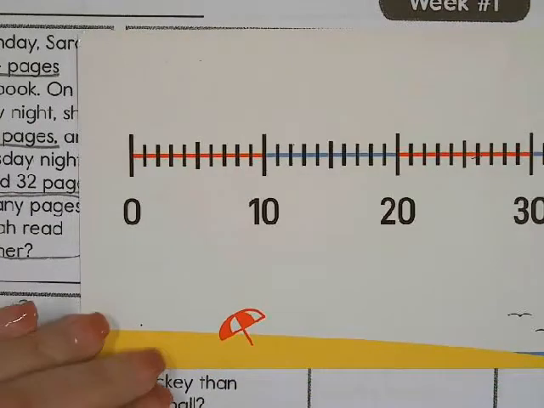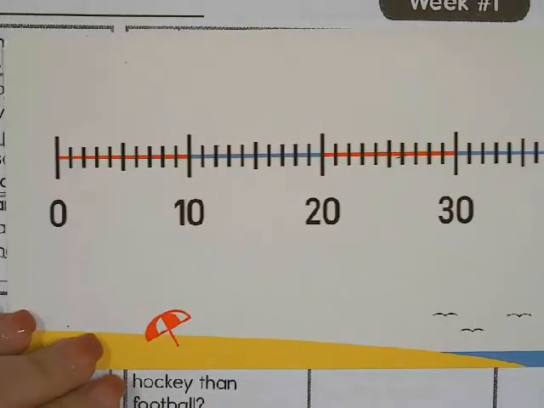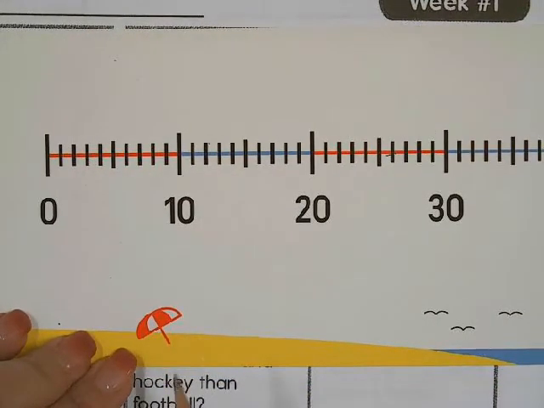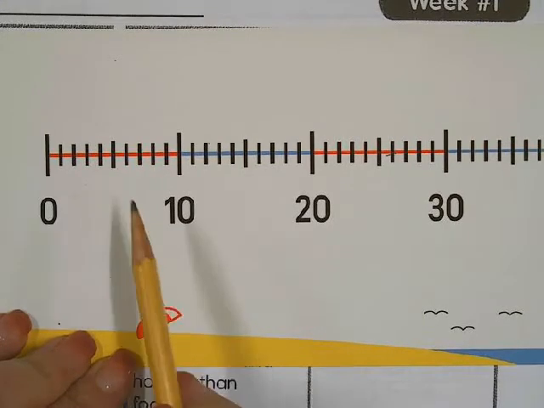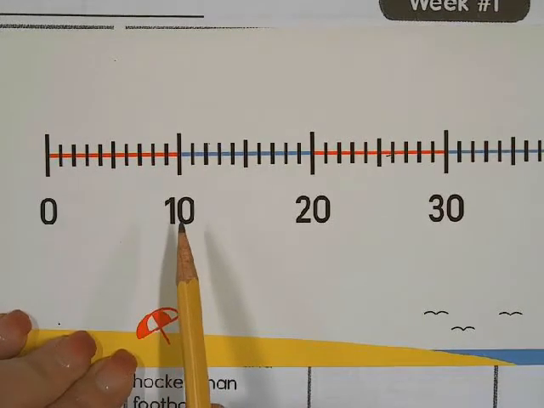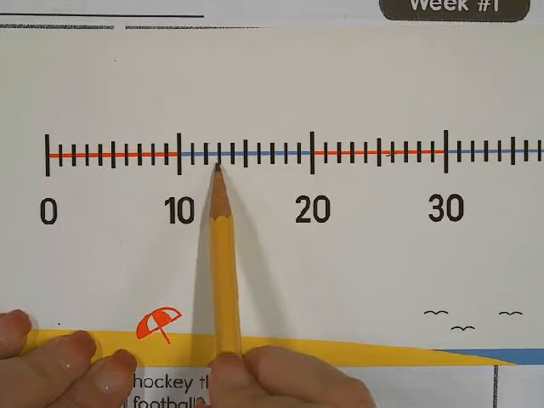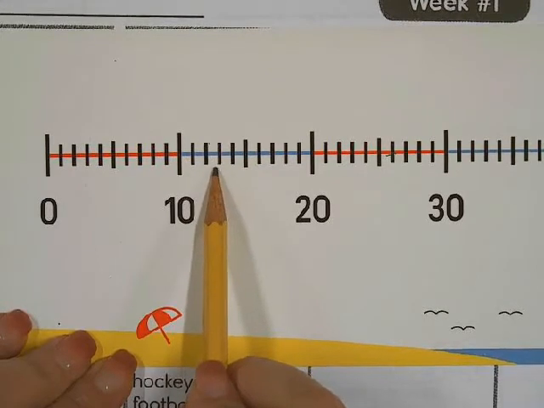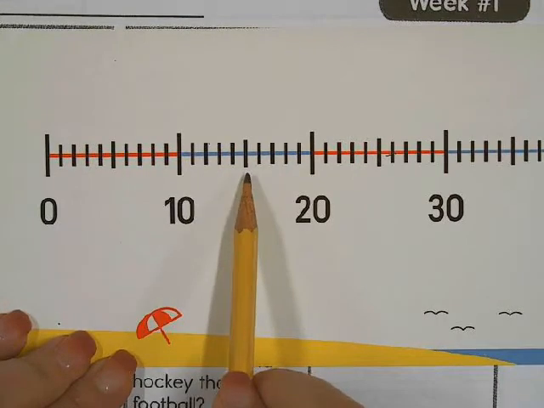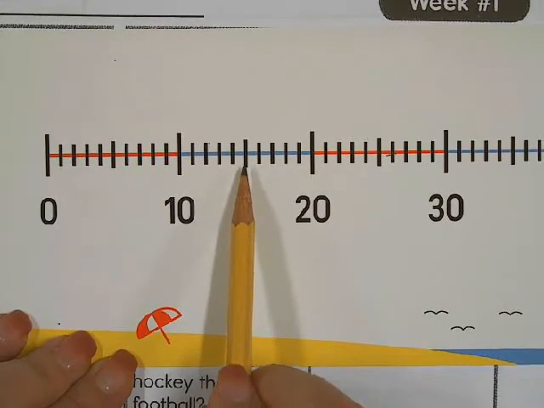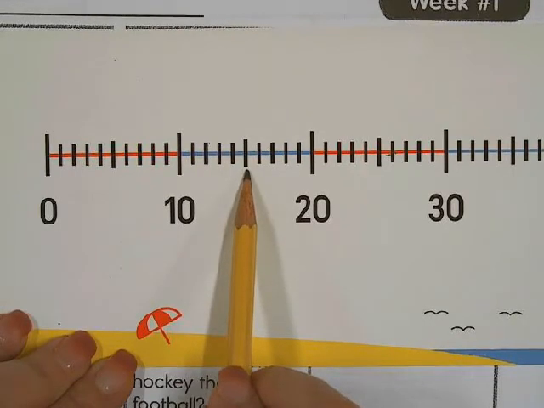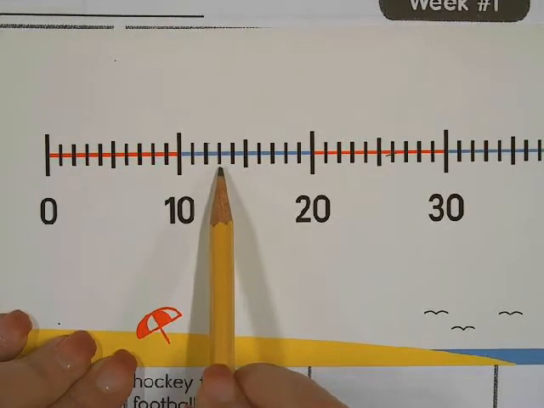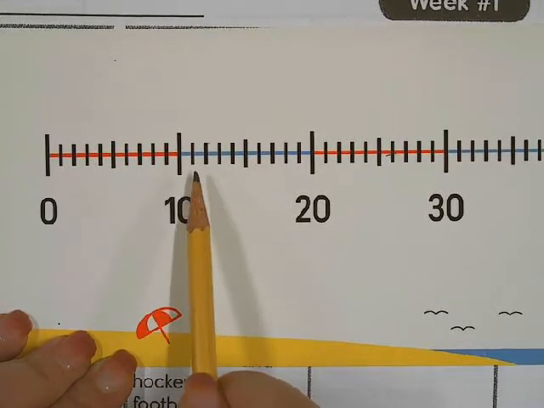On a number line, when we're looking at rounding, we want to find first the 2 tens that number falls between. So we know that the number 13, when we look at our groups of tens, is going to be right here past the 10 mark on a number line. Right in the middle of our tens is 5, which would make this 15. 13 is less than 15, which means that it's closer to the 10.